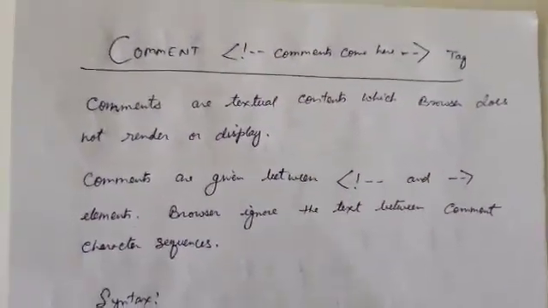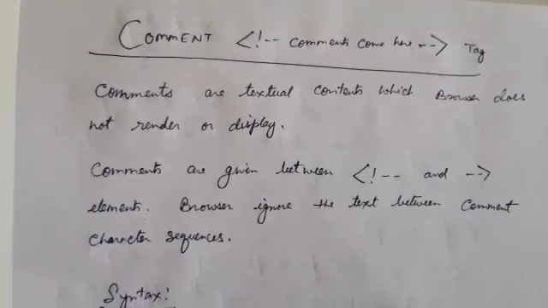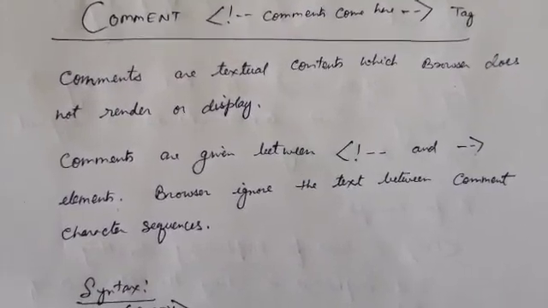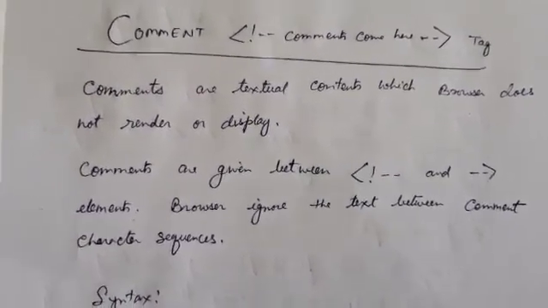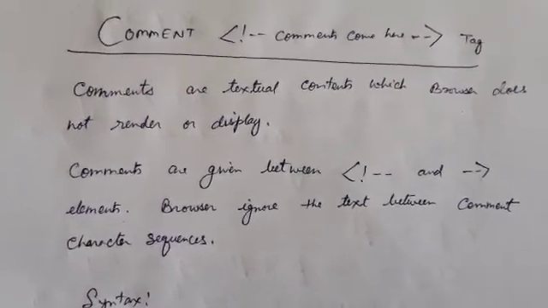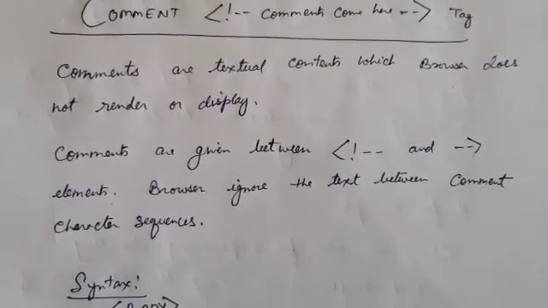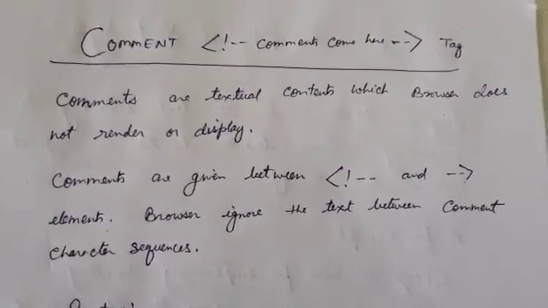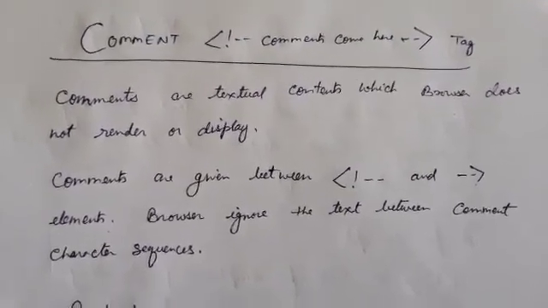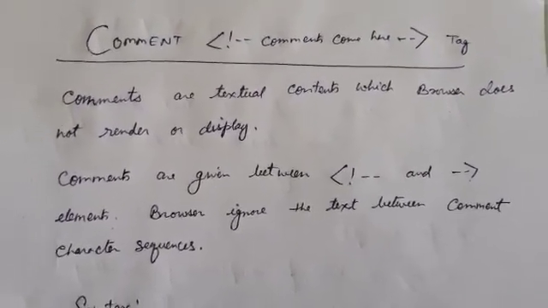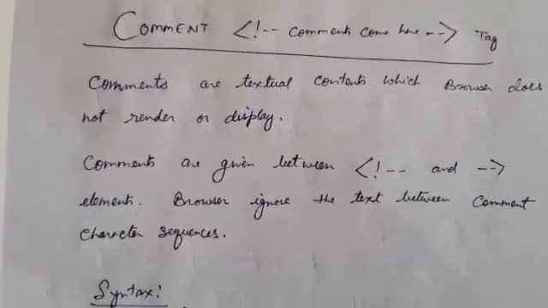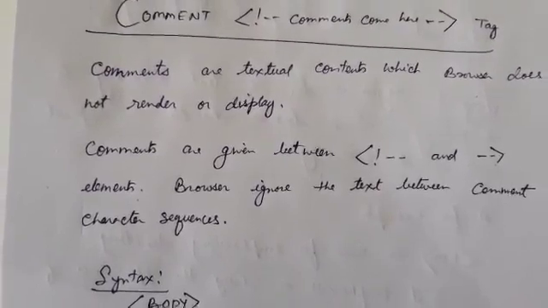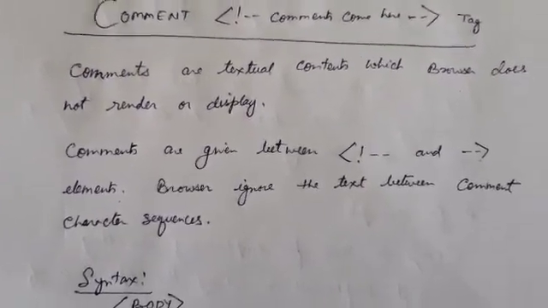Now what is a comment actually, where is it used and why is it used? Comment, as the name says, is for giving comments. When you are developing a web page, in your raw file where you are writing code, for your reference as a developer, as a designer, as a coder, or your colleague's reference, we write some comments within the code.